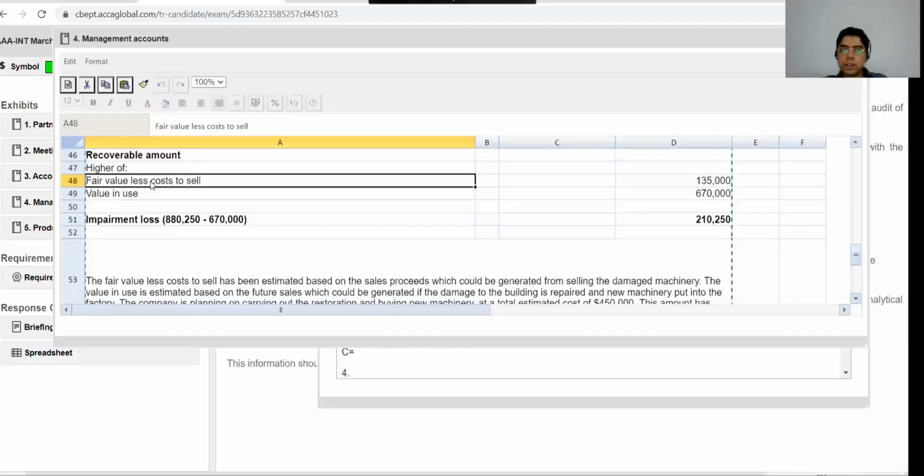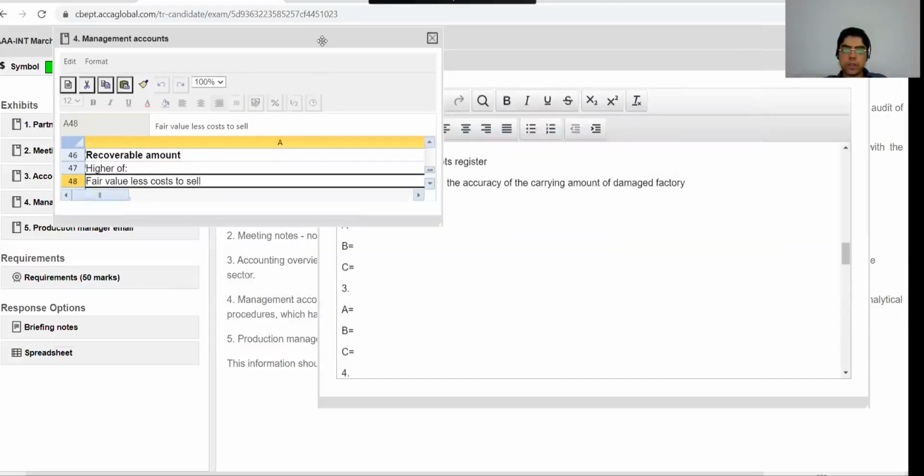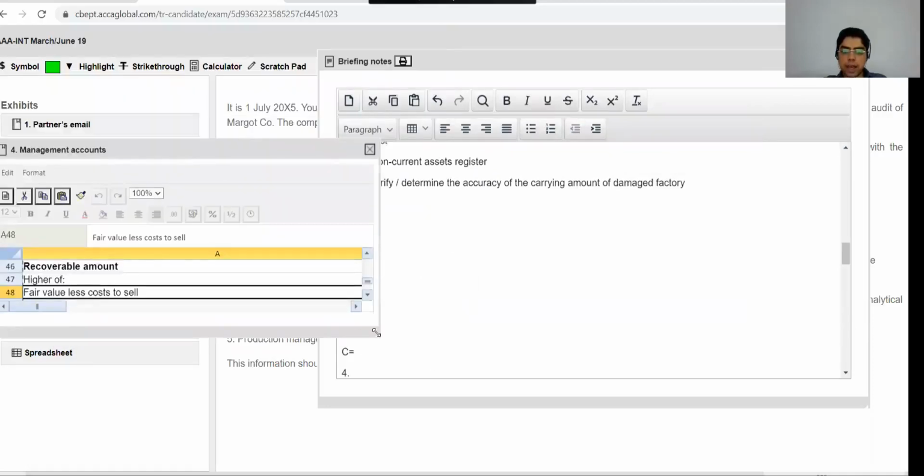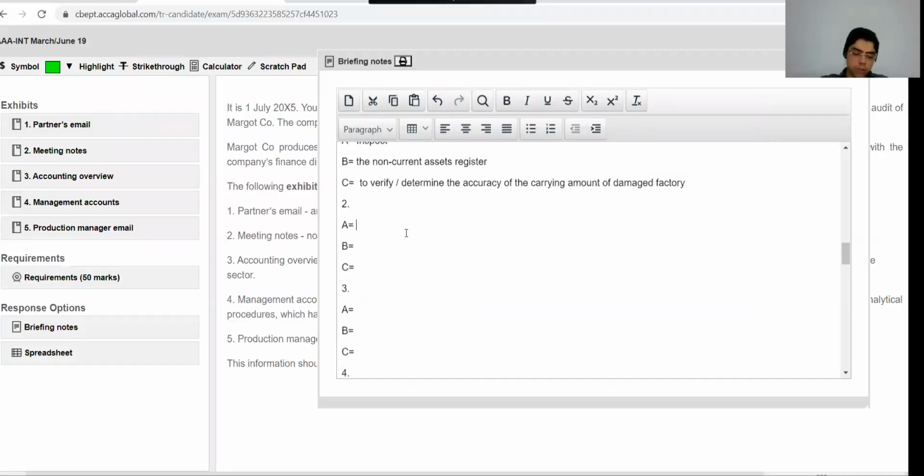So if you're told that a fair value determination or fair value exercise has been done, what you could simply do is inspect the valuation report to determine or reconcile the fair value of the damaged factory.